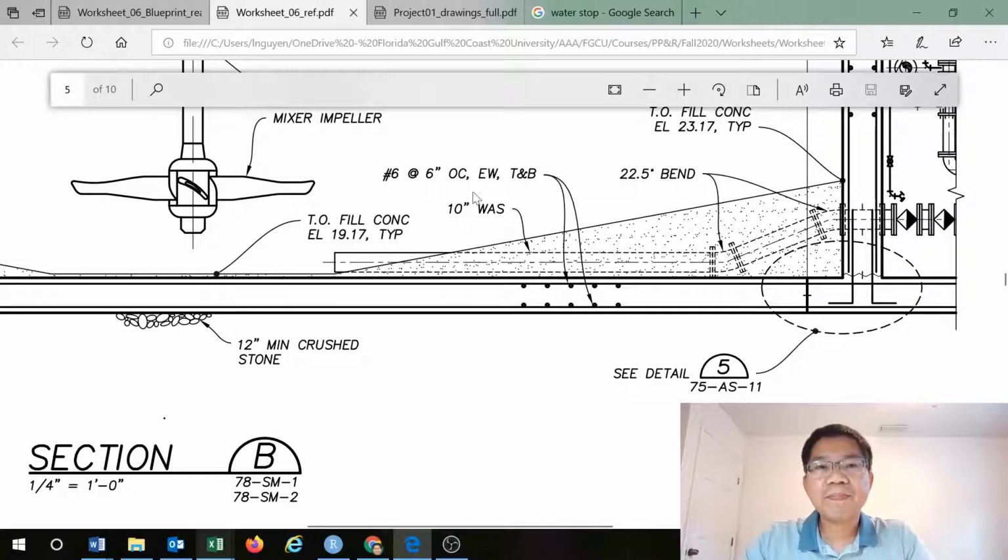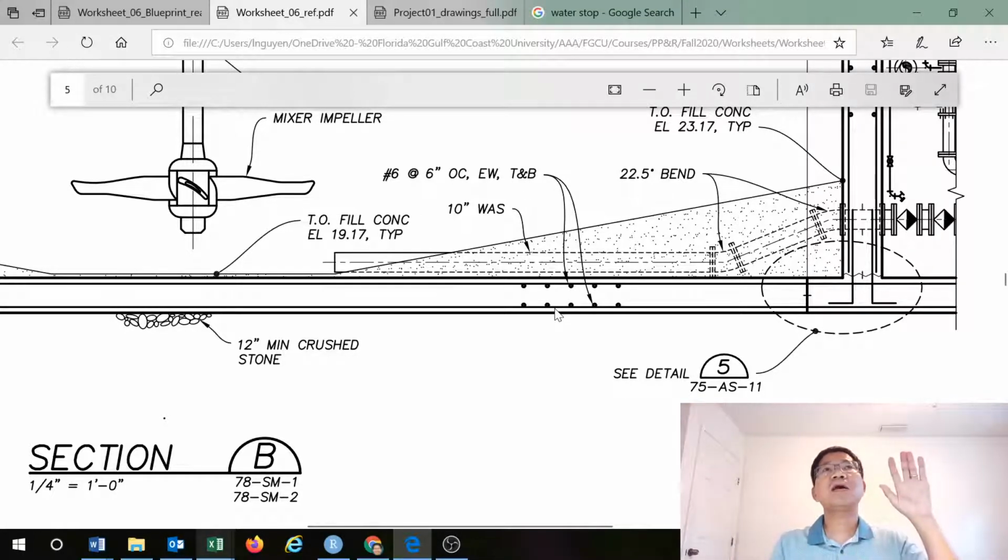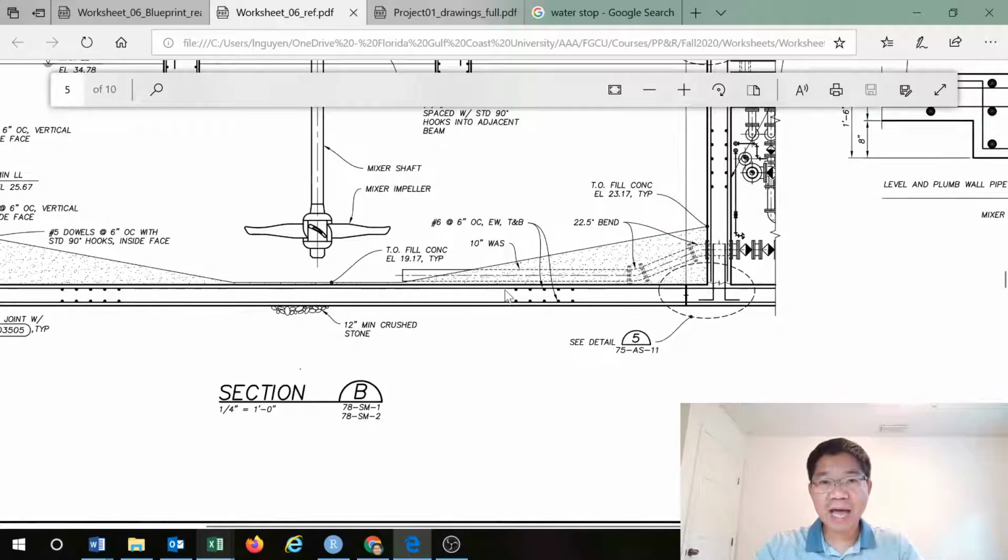So you have here number 6 inches on center each way, top and bottom. So apply the concept we did in problem 3 in the unit cost estimating lesson. You can find out how many numbers by determining the length of it. So for example, this item will go through the length of the tank, and then this item, the width of the tank.